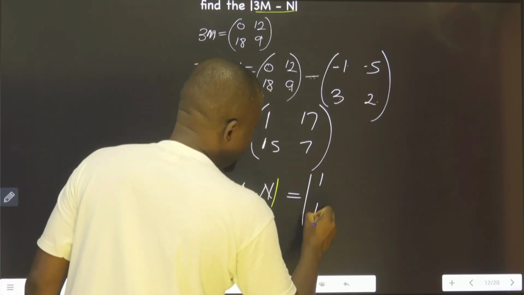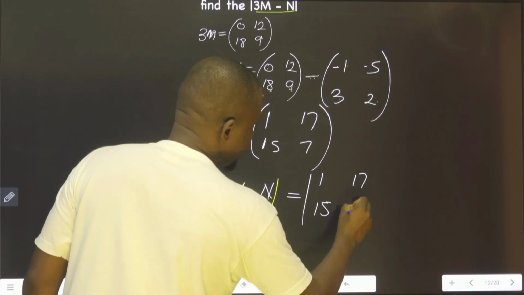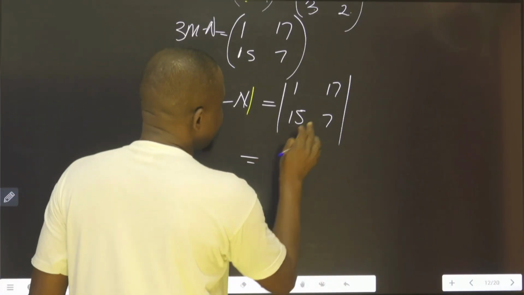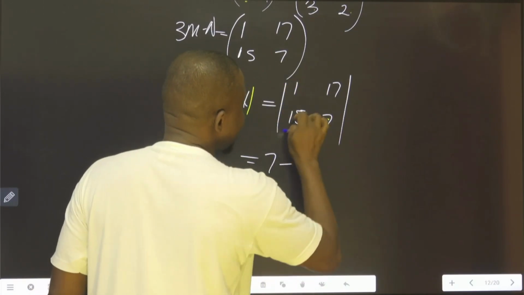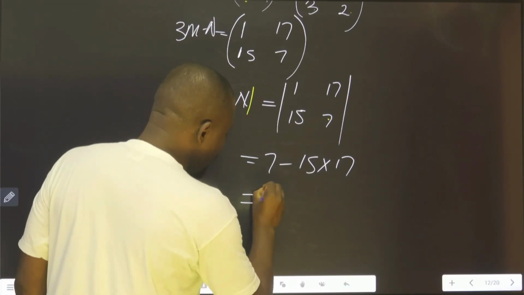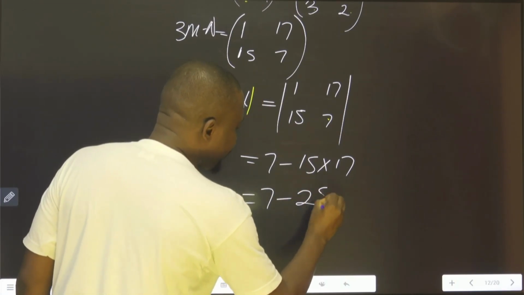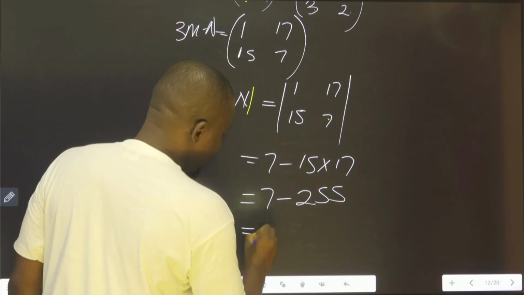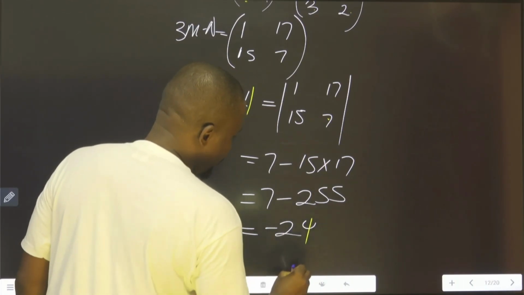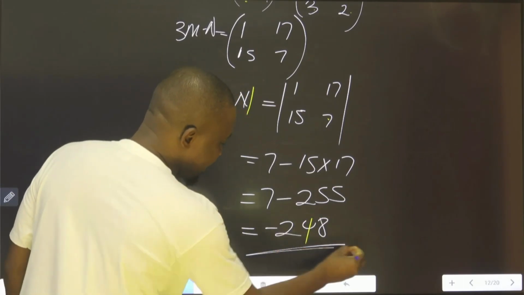That is this times this is what? 7 minus this times this is what? That is 15 multiplied by 17. This now is equal to 7 minus 255, which is equal to minus 248. This is the final answer.